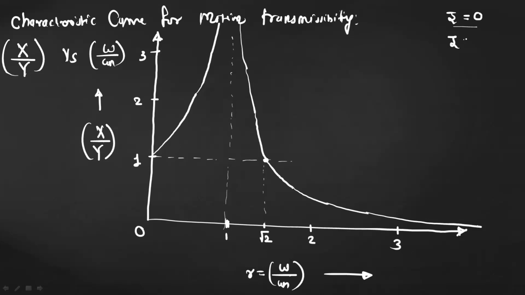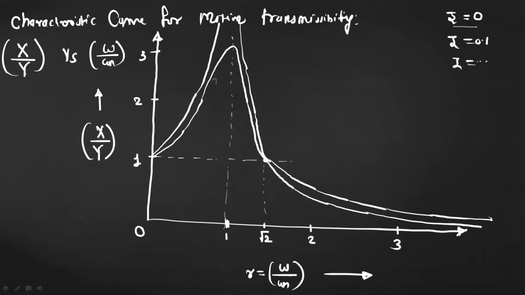Similarly, if you take zeta to be 0.1, at the resonant condition it will become maximum. After that, it will start decreasing. Again, it will pass through square root 2, and then approach 0 for higher frequency ratio.